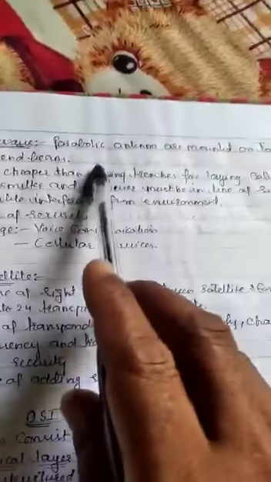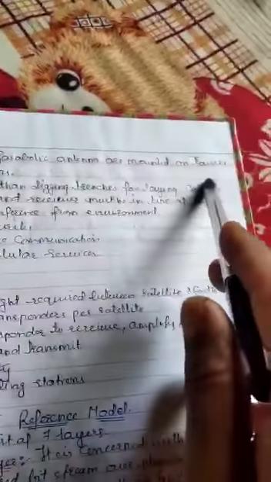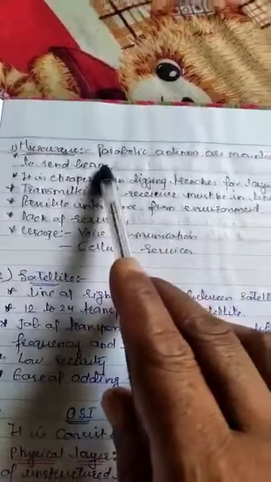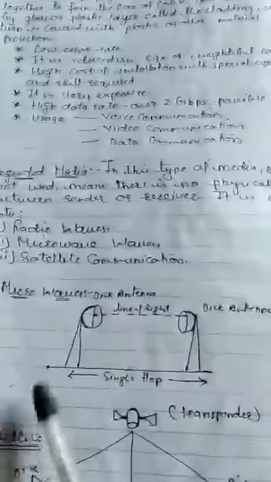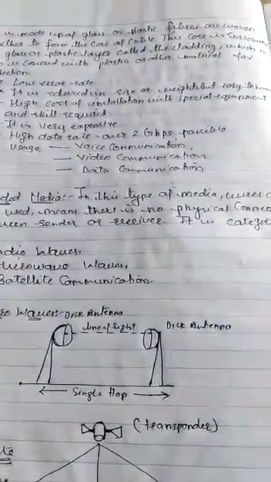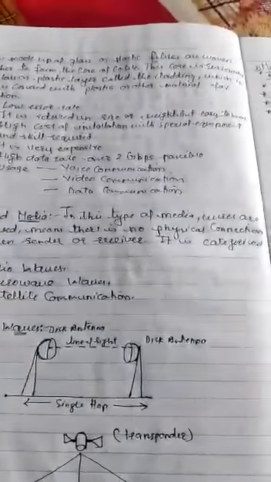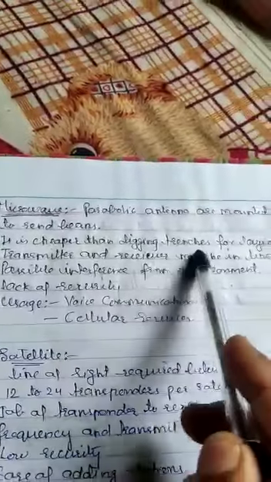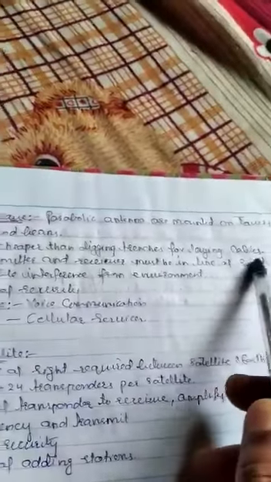Microwave. Parabolic antennas are mounted on towers to send a beam. Here we can see these two parabolic antennas, the disc antennas. They help to send or receive the signal. It is cheaper than digging trenches for laying cable.